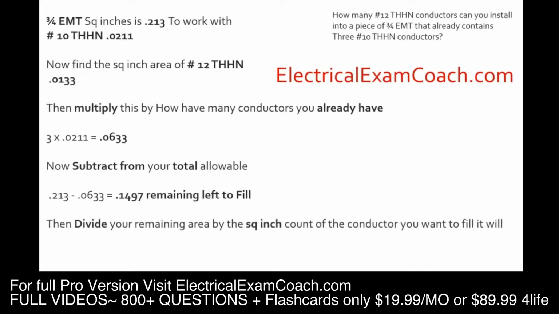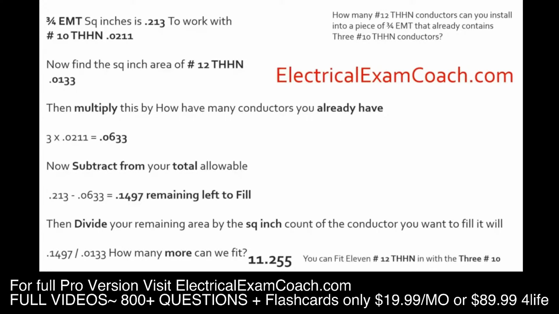In order to find out how many number 12s we can fit in it, all we have to do is divide. We take our available area left to fill, divided by the individual number 12, and we're going to find out that we can fit 11.255. In this case, it's lower than 0.8, so we're going to round down to 11 conductors, and we select D. Great job.